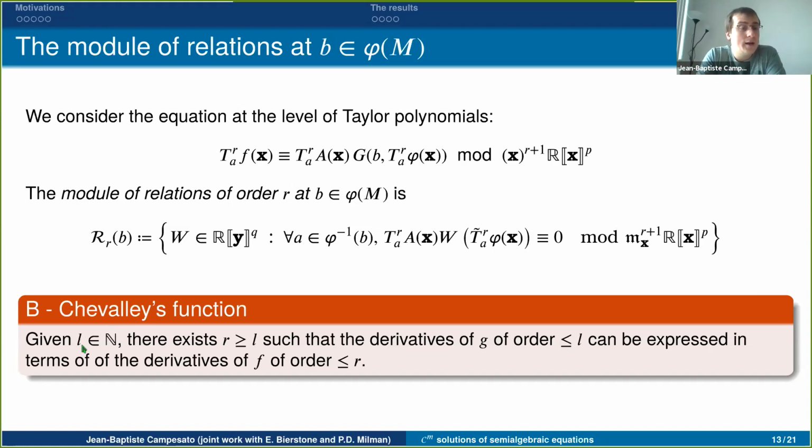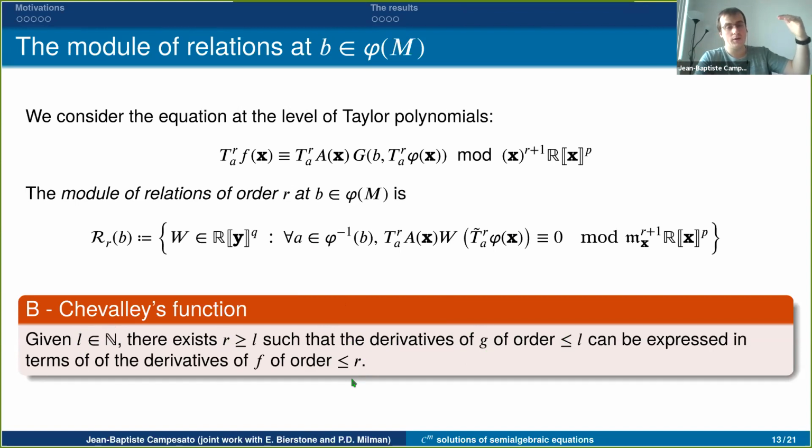Given a natural number L, there exists a natural number R such that we can express the derivative of a solution G of order less than or equal to L, the initial L, in terms of the derivatives of the data as soon as we look at the derivatives up to another order high enough.